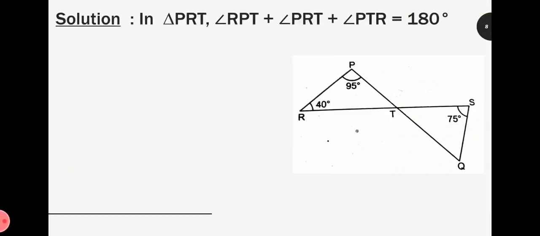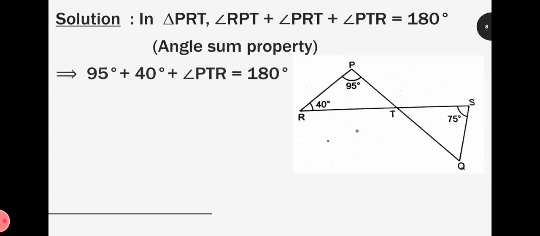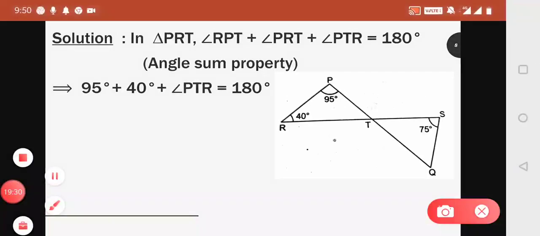In triangle PRT, angle RPT plus angle PRT plus angle PTR equals 180 degrees according to the angle sum property. Inserting the values of the three angles, angle PRT is given as 40 degrees, angle RPT is given as 95 degrees.